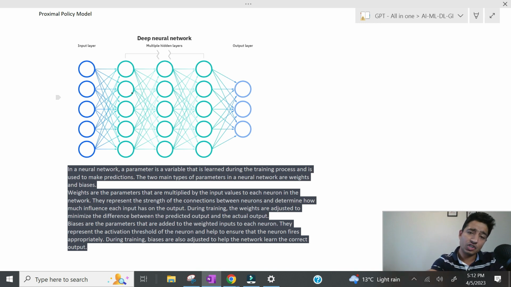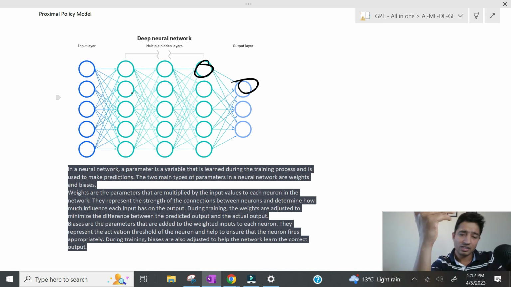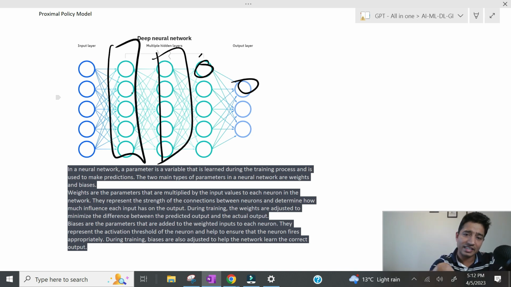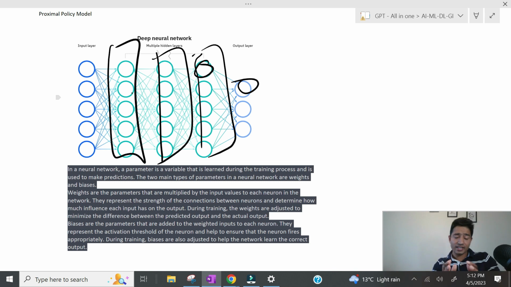Each circle here is a neuron, and there are different layers inside a neural network. Two layers are the most important ones. The first is your input layer, which is taking the input from the user, and then the output layer, which is generating the output for us.